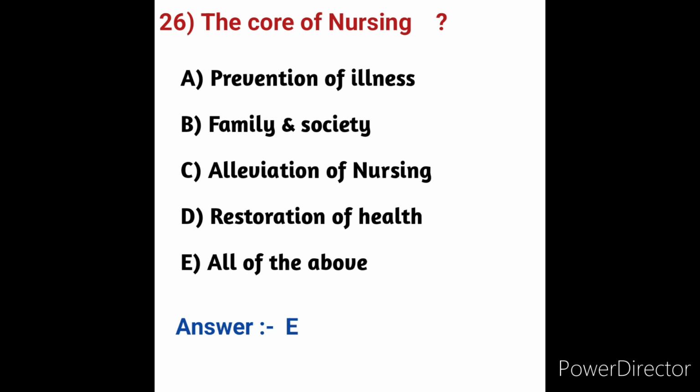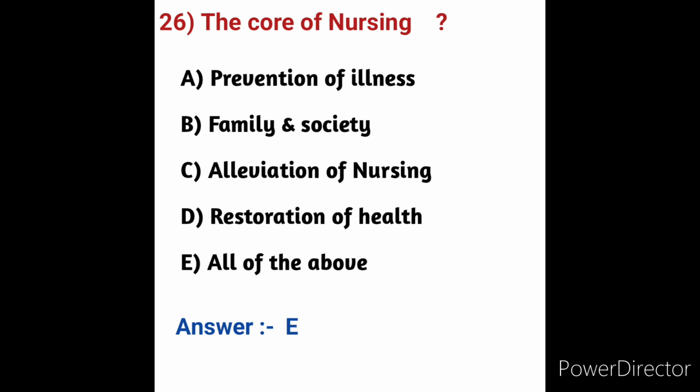Here, the core of nursing means caring is best demonstrated by a nurse's ability to embody the five core values. In the core of nursing, we have five core values of professional nursing, which include human dignity, integrity, autonomy, altruism, and also social justice.